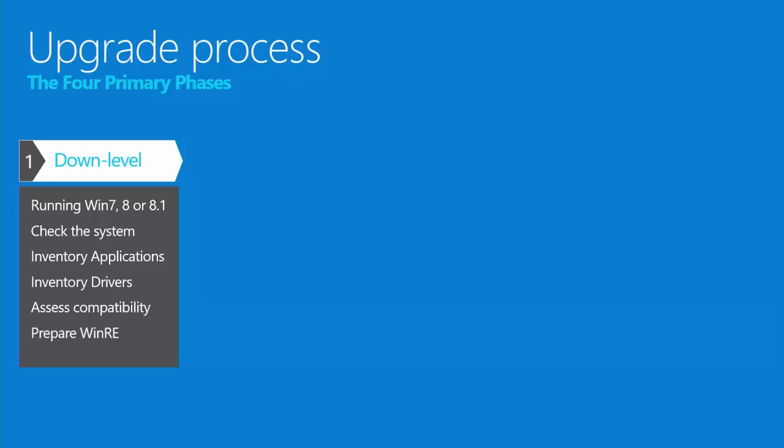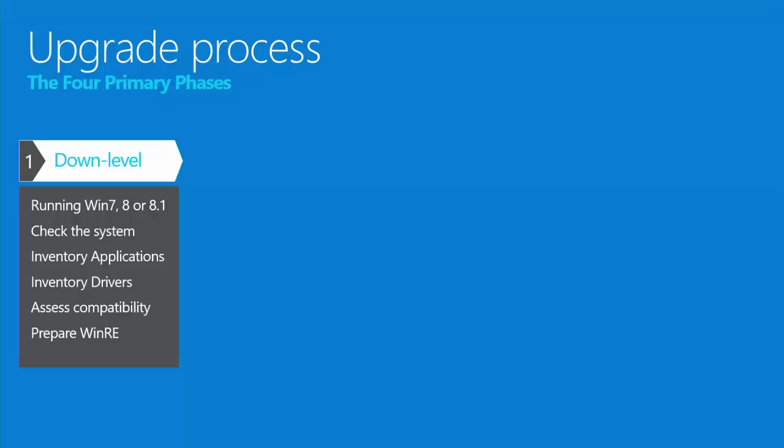If you've ever seen the dynamic update process that happens during this initial down-level phase, what it's actually doing is going out to Windows Update and finding the latest compatibility database and downloading that and using that instead of what was included in the original media. So it's constantly updating that database to give you the latest details.